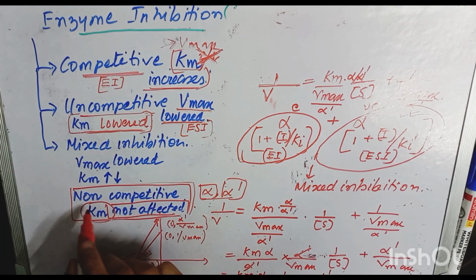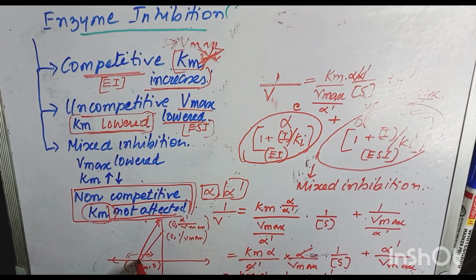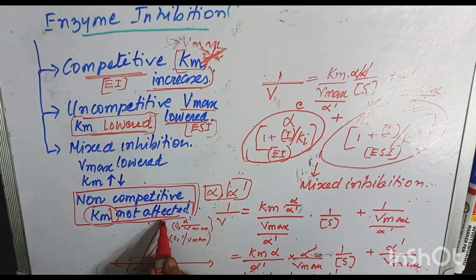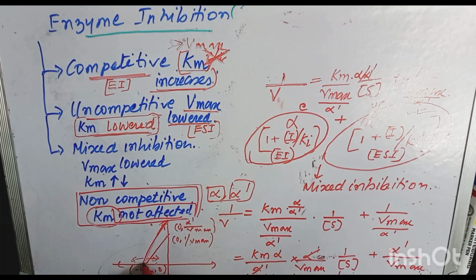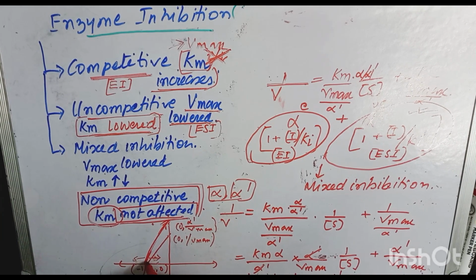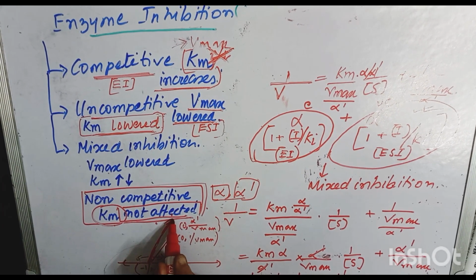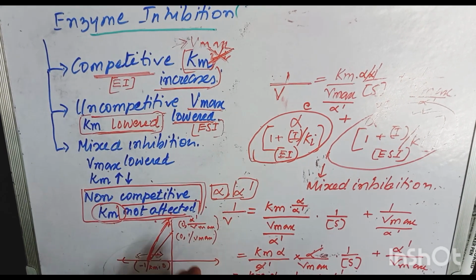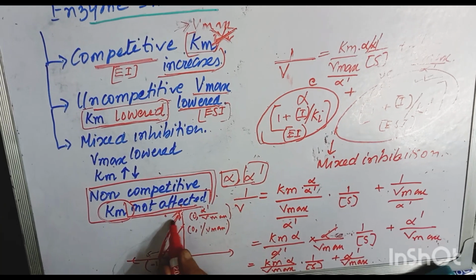So the point remains here, and the Vmax is affected. It is a kind of radiating line from the same point, from the non-inhibited line, another line radiating just to the left.